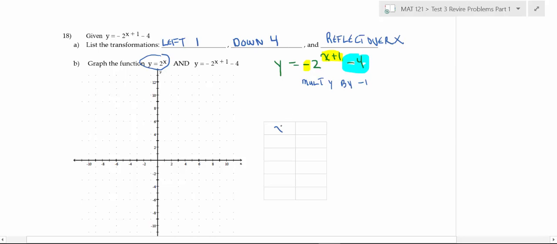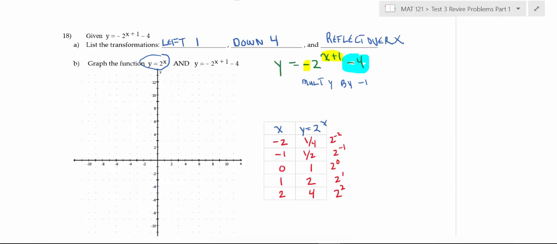We already did that in the previous problem too, so that helps you out. Let's use -2, -1, 0, 1, and 2. Crunch it out real quick. 2 to the second is 4. 2 to the first is 2. 2 to the 0 is 1. 2 to the -1 is a half. And 2 to the -2 is 1/4.